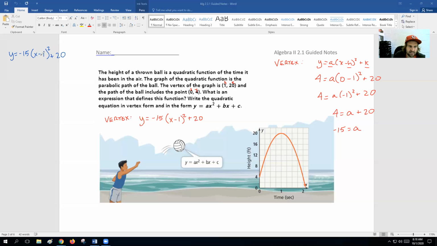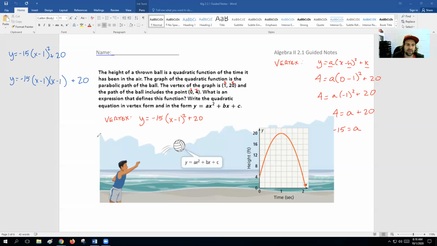I can't simplify the inside parentheses, that's just x minus 1, but I can square this. Now, be careful. Do not just distribute the square and make this x plus 1. We have to remember that this is negative 16 times (x minus 1) times (x minus 1). And we still have our plus 20.